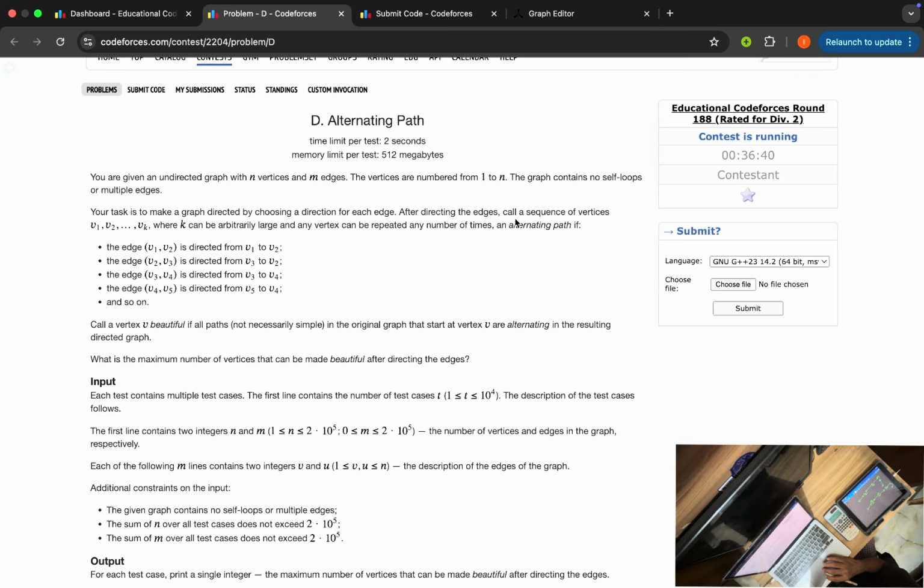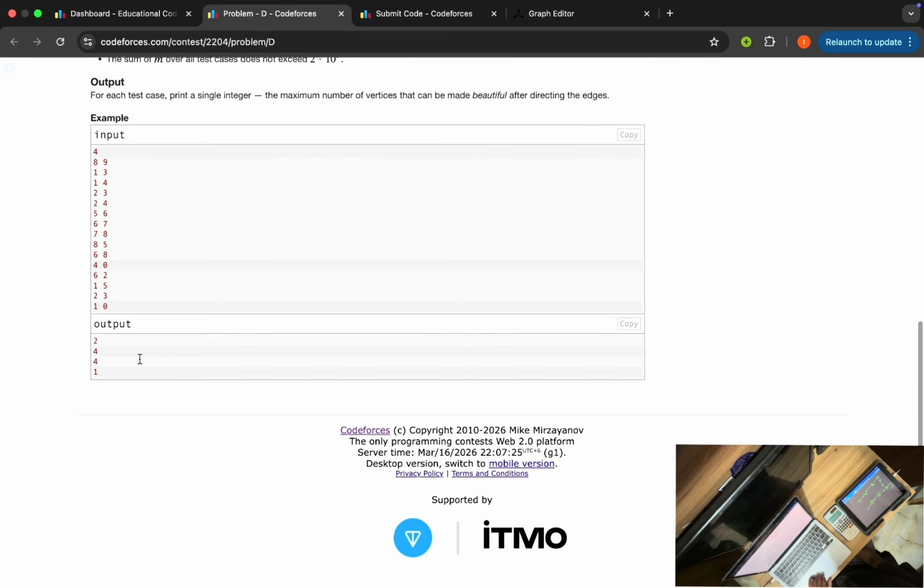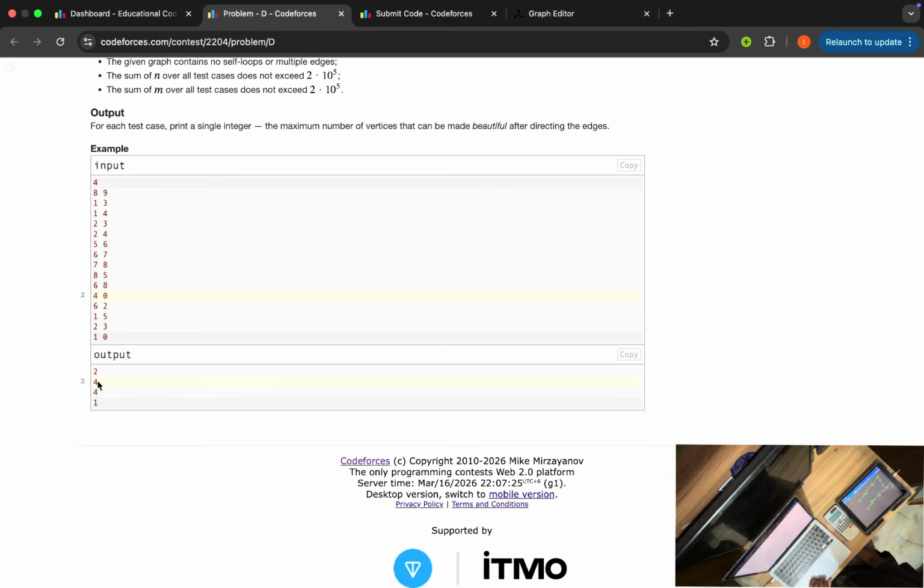After directing the edges, call a sequence of vertices where k can be arbitrarily large and any vertex can be repeated any number of times an alternating path if... Call a vertex u beautiful if all paths, not necessarily simple, in the original graph that start at vertex u are alternating in the resulting directed graph. I'm not getting it. Why is this case 4?